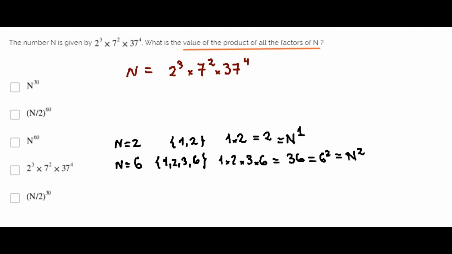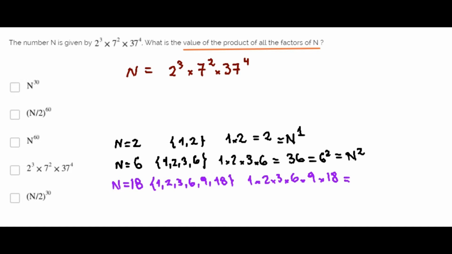Now, let's try with another number. For instance, 18. If n is 18, its factors are 1, 2, 3, 6, 9, and 18. And the product is 1 times 2 times 3 times 6 times 9 times 18.